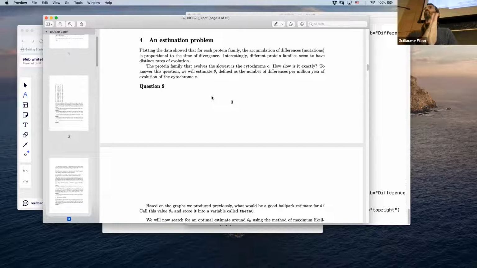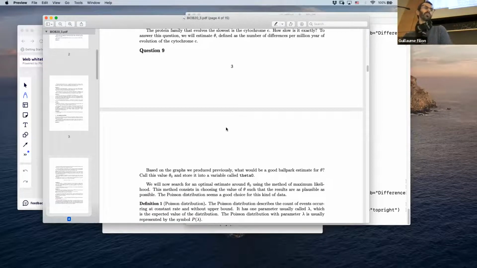I'm defining a parameter, and I'm saying I'm going to estimate that parameter. And this parameter is the rate of evolution of cytochrome C, which I define as when 1 million years has passed, how many mutations do I expect on average between my two proteins of cytochrome C that have diverged for 1 million years.